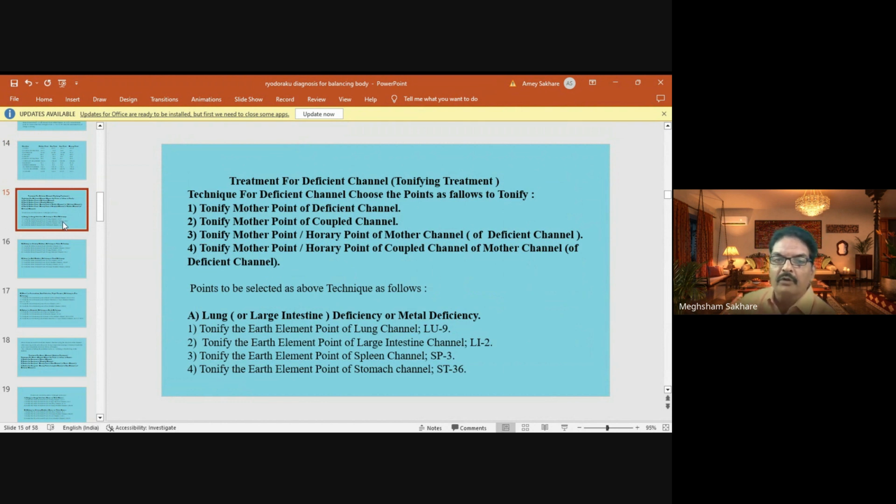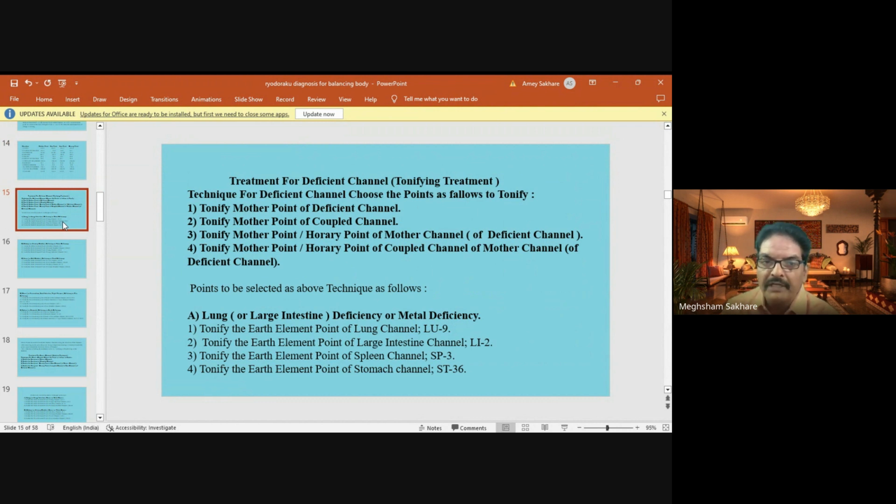Now we come to treatment for the deficient channel or deficient metal. There are 4 types of rules. Tonify the mother point of the deficient channel. Tonify the mother point of the coupled channel.